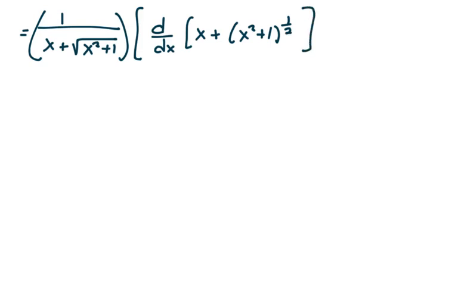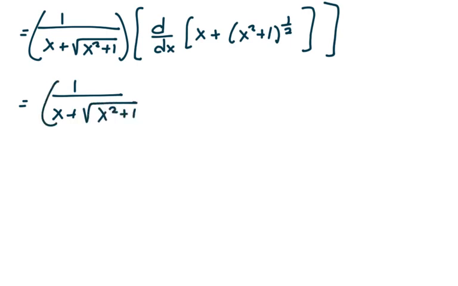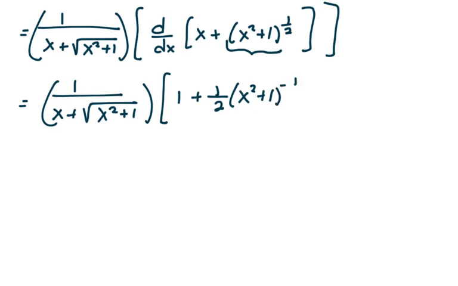And now I'm ready. So this is 1 over x plus the square root of x squared plus 1 times 1 plus, now the derivative of x is 1 with respect to x. The derivative of this second term is 1/2 of x squared plus 1 to the negative 1/2 times the derivative of the inside function, and the derivative of the inside function is 2x.